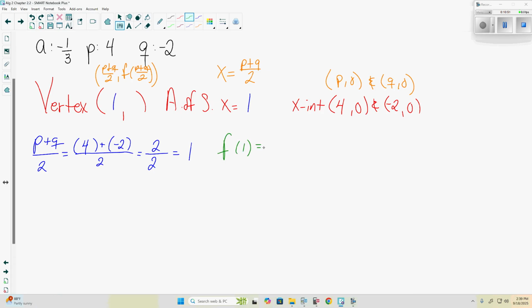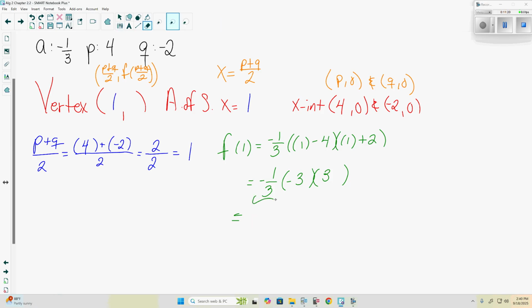And then lastly, we just need to plug 1 in for x and calculate this here. Now the calculator, we can type this whole thing in, and it'll tell us what it is. Now 1 minus 4 is negative 3. 1 plus 2 is 3.